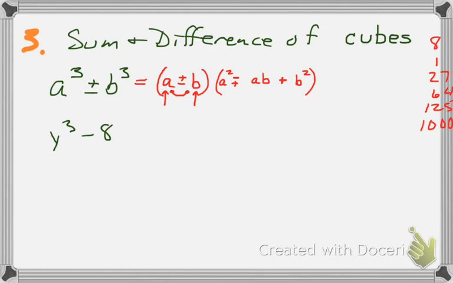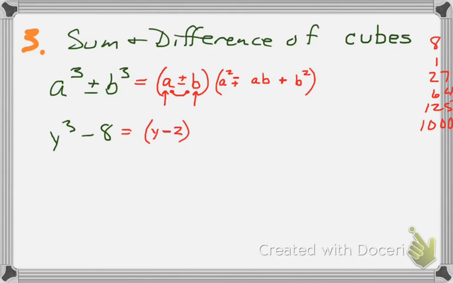And the cube root is whatever it is divided by 3. So the cube root of y to the 3rd is y. Same sign. And the cube root of 8 is 2. So you take the cube root of each one with the same sign. That's the first parentheses.